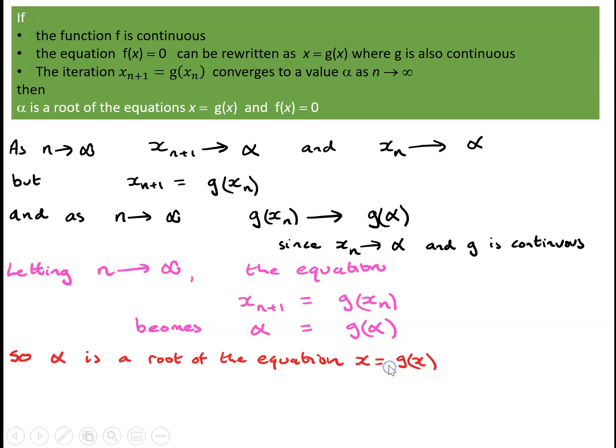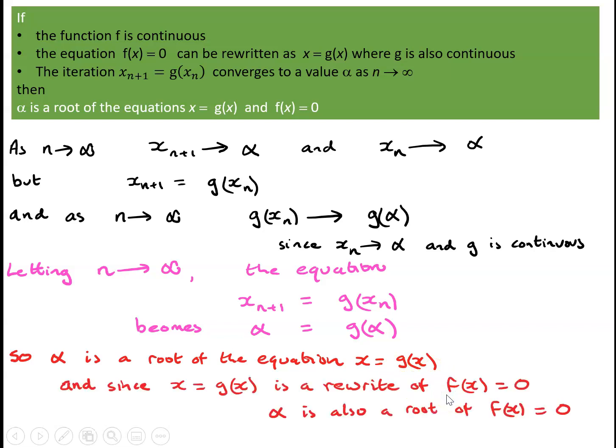So alpha is a root of the equation x equals g of x, or equivalently, alpha is a root of the equation f of x equals 0.